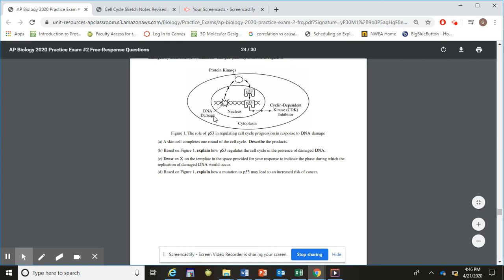And so every time we see damaged DNA, it's going to increase our risk of cancer because we are creating cells that have damaged DNA because we're not properly regulating the cell cycle.